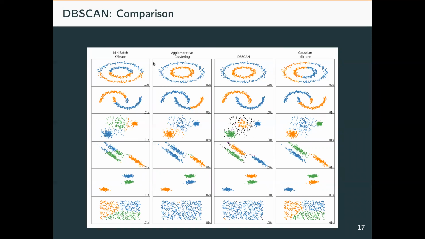Like we said, k-means and GMMs completely fail to classify the two clusters that follow this circular movement. And the same also happens with these semicircles.